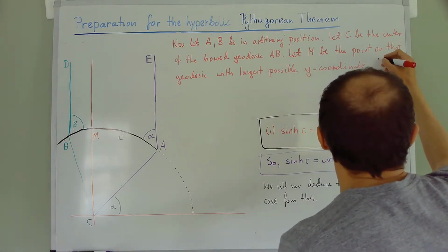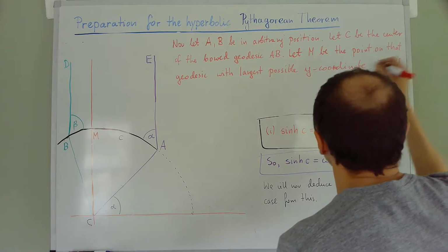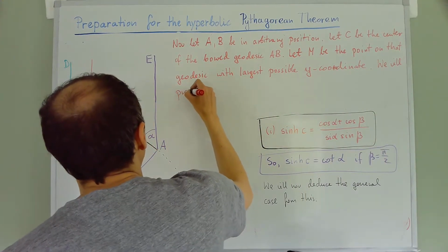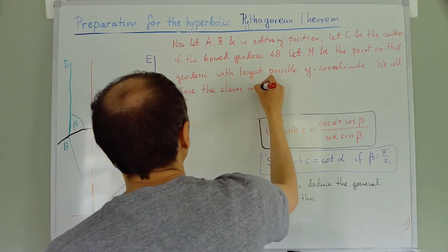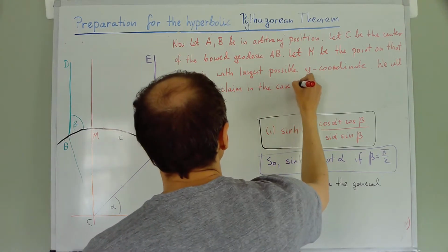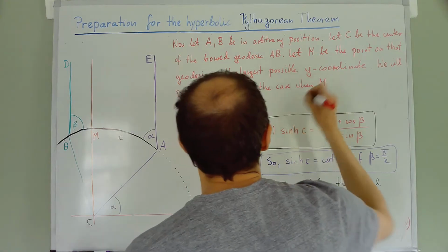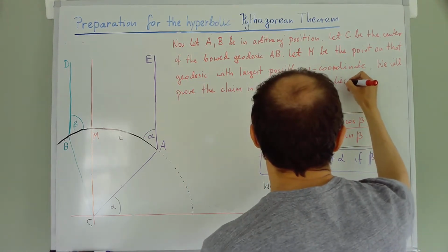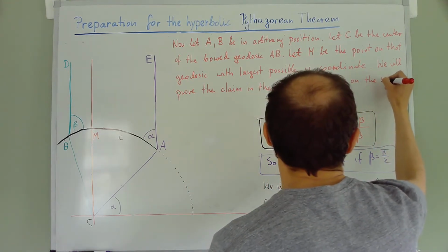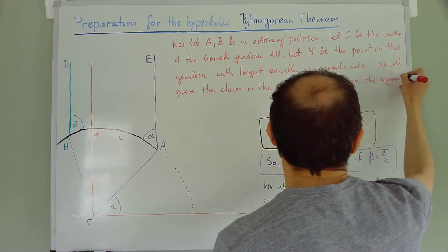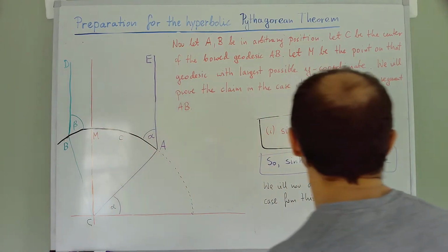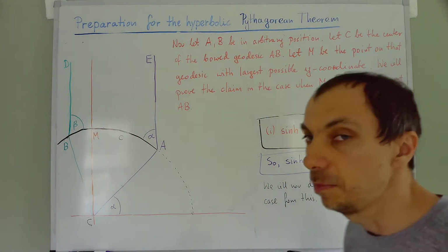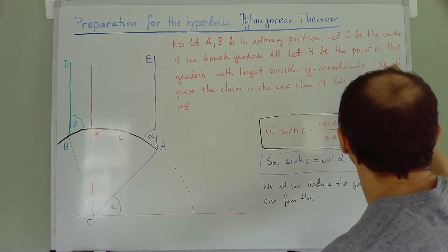So we will prove the claim in the case when M lies on the segment AB, on the geodesic segment AB.